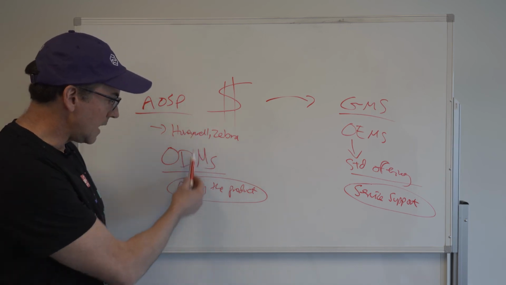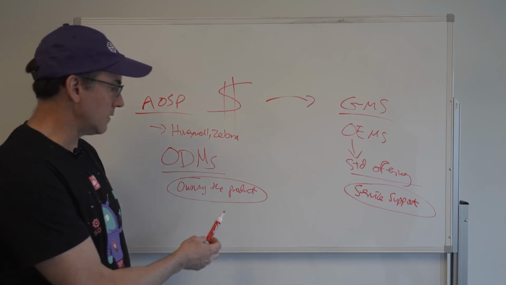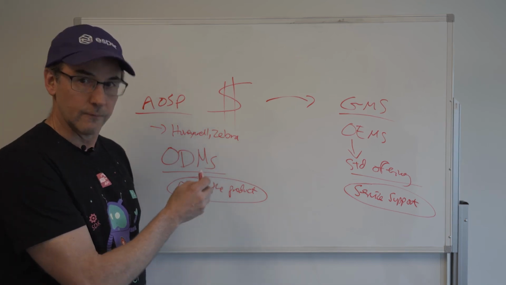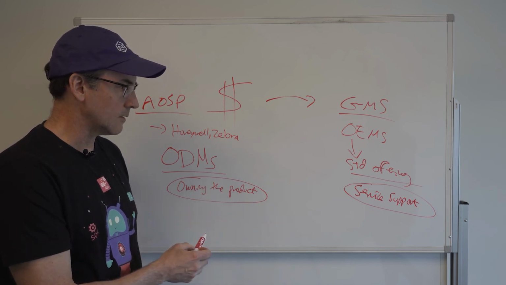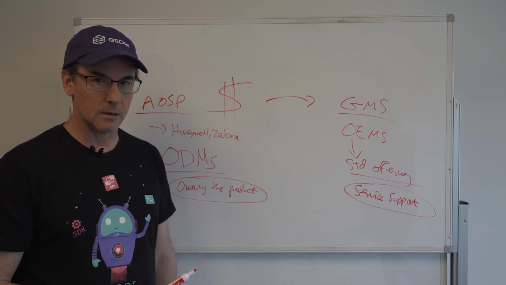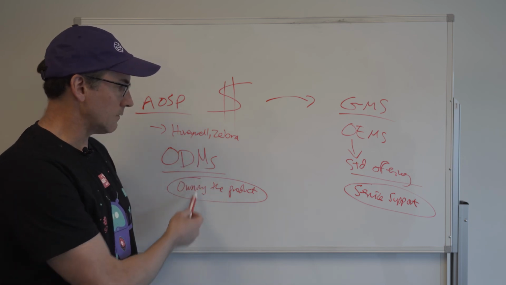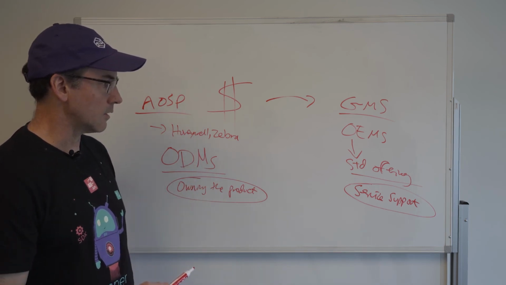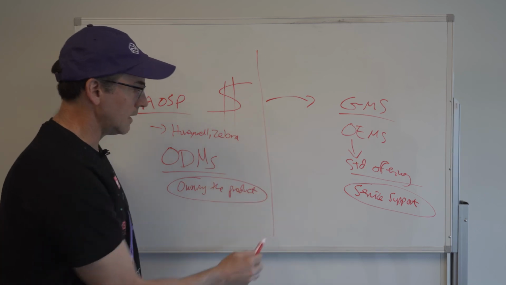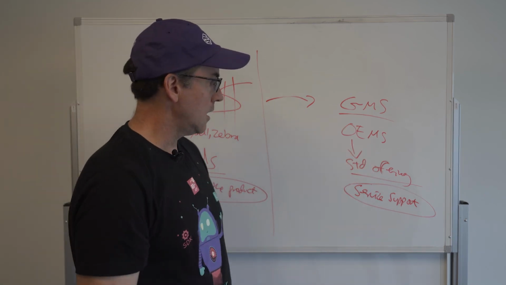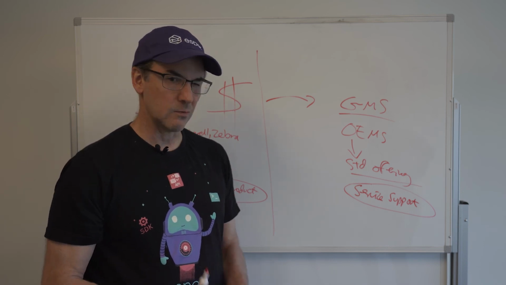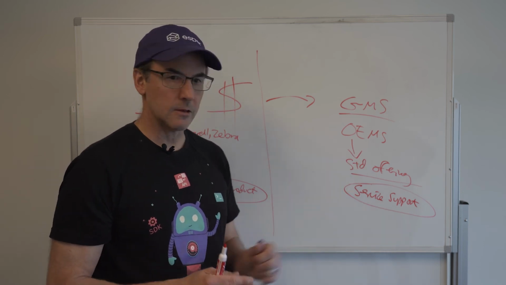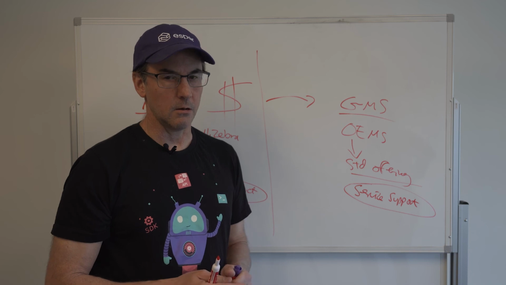So many more considerations here that typically this is driven by a more sophisticated entity commissioning these types of devices, or such a specialized use case that you're going to need to go AOSP with ODMs in order to accomplish it. So the way that I look at it is, hey, over on this side, if you're just getting into dedicated and your use case is pretty crisp and clear, GMS-based devices are not a bad way to go.